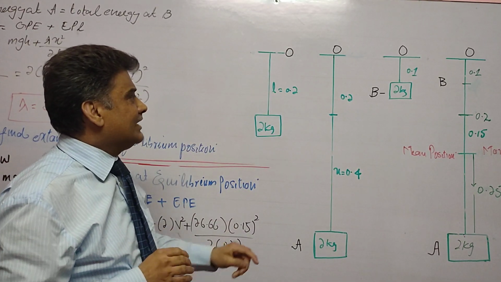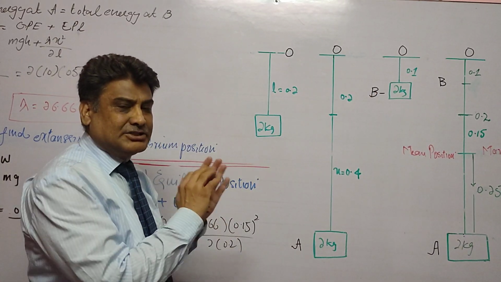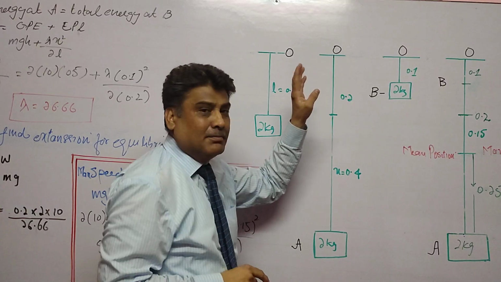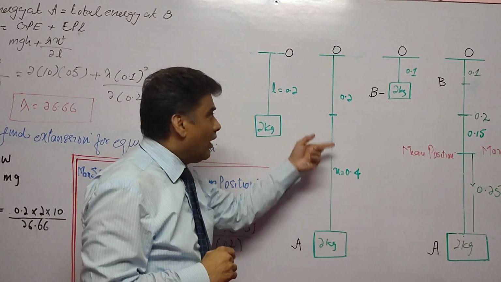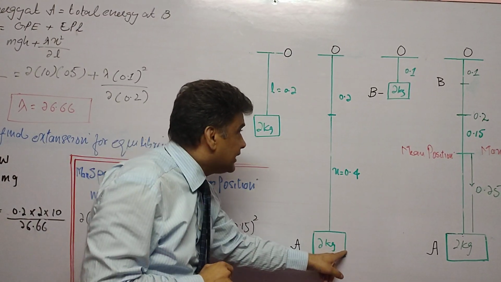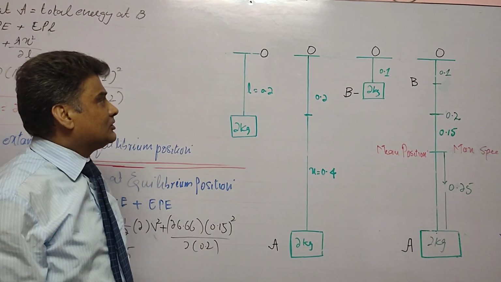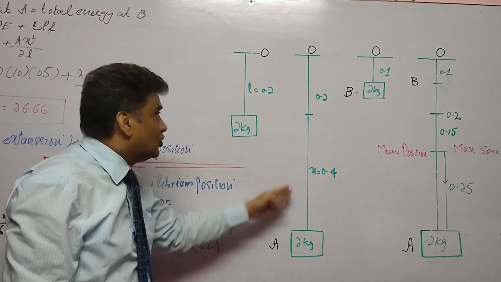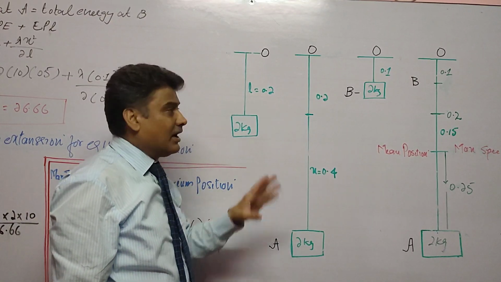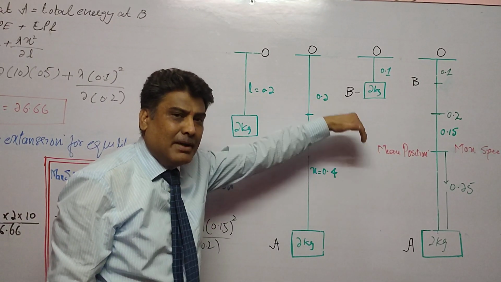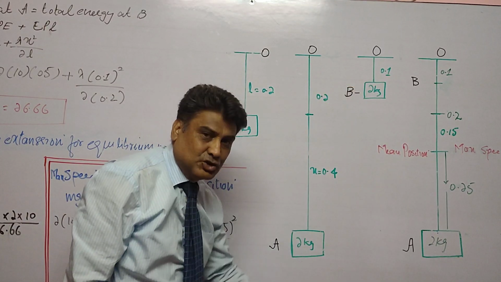We can say that at the point B, its gravitational potential energy will be maximum, because the value of h from point A to point B will be 0.5 meter, because the total distance is 0.6 and the particle will move up to the point B. From B it will move downwards, it will come back, but the distance between point A and B is 0.5.